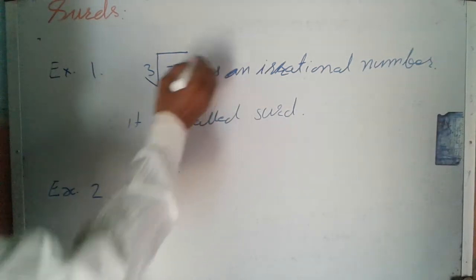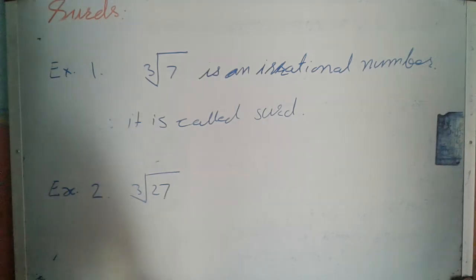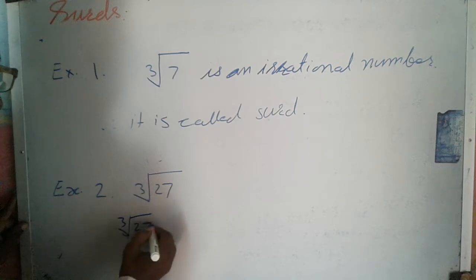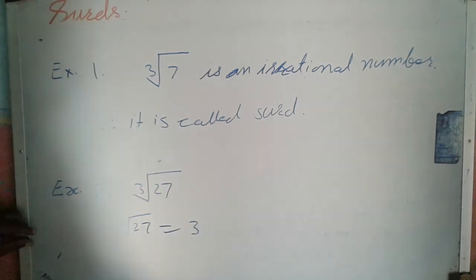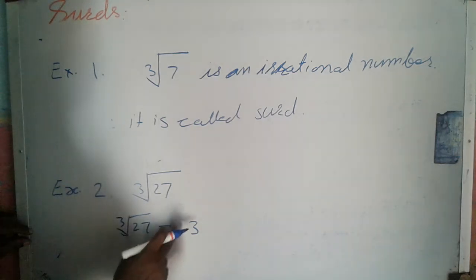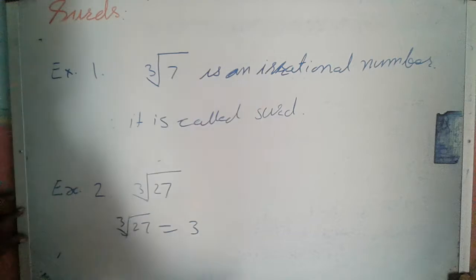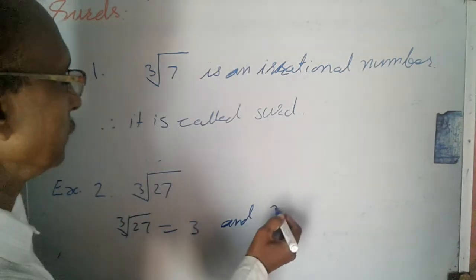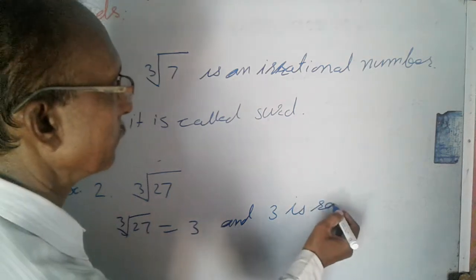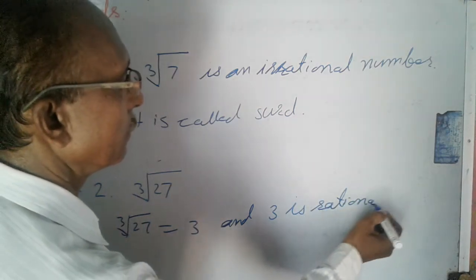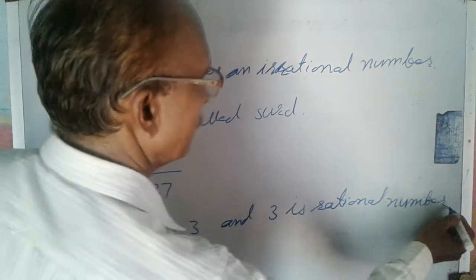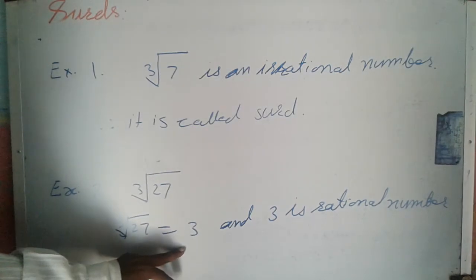Now see here the cube root of 27. We know that the cube root of 27 is equal to 3. Here the order is 3. And 3 is not an irrational number, but it is a rational number.